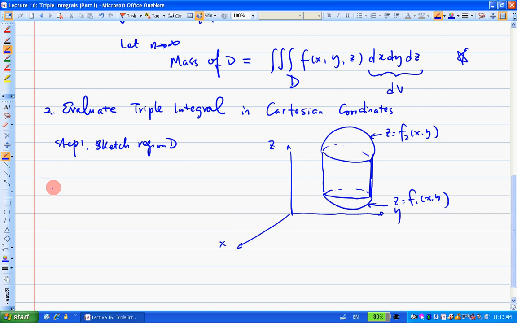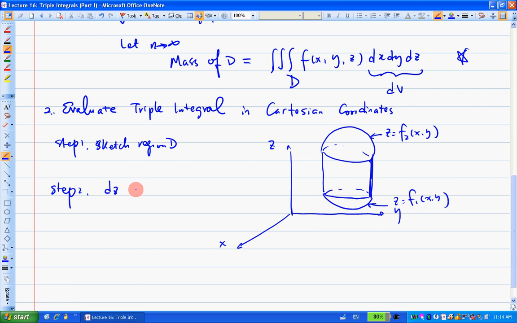Once you finish the sketching, step number 2 is to determine the order of integration. So you have dx, dy, dz. How many combinations can you do? dx, dy, dz, or dy, dx, dz, or dz, dx, dy. Any combination is fine, right? Any combination is good. So let's say I draw like this one here. There's a reason I do this step, because of the sketch I have here.